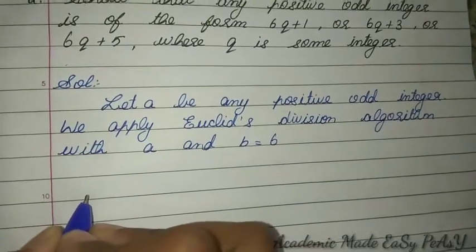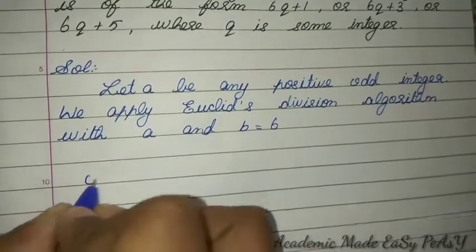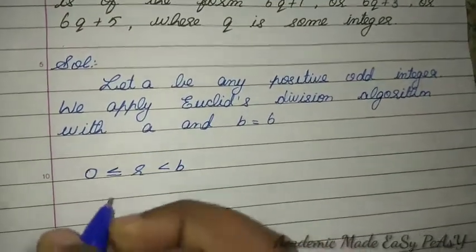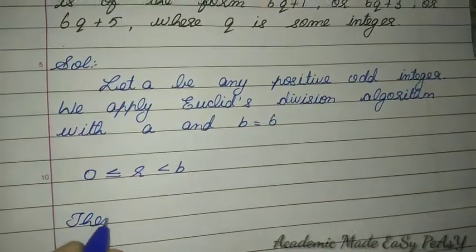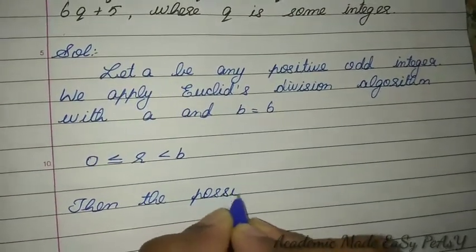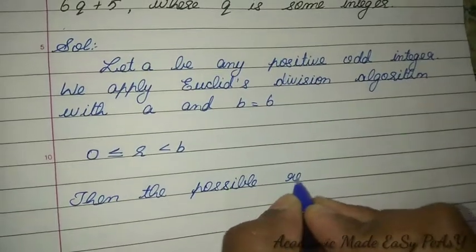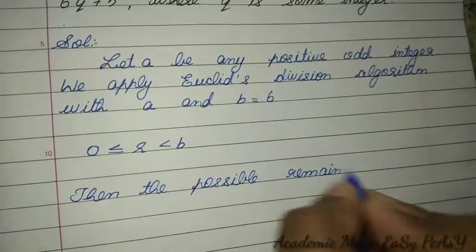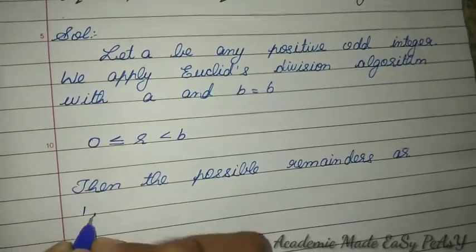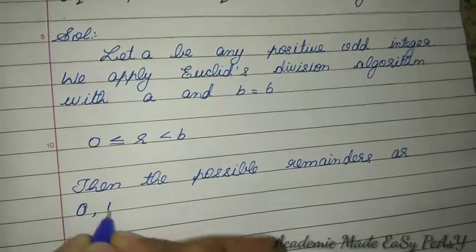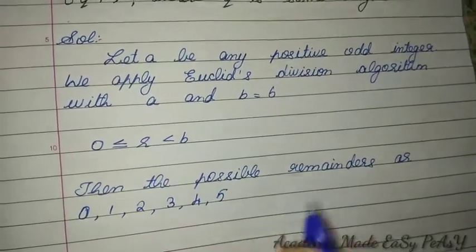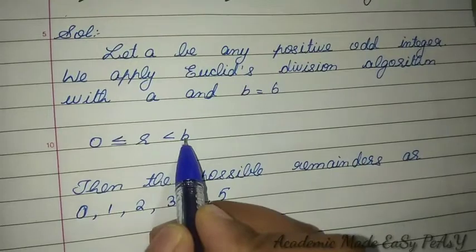So we also know that 0 is less than or equal to r, less than b. So then the possible remainders will be 0, 1, 2, 3, 4, 5, because the value of b is 6, no?